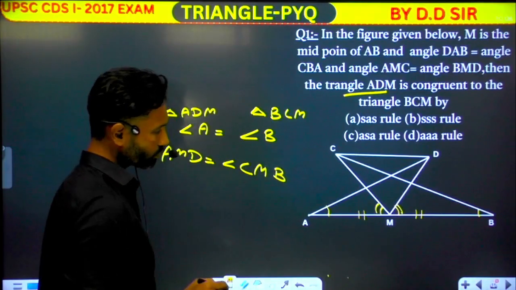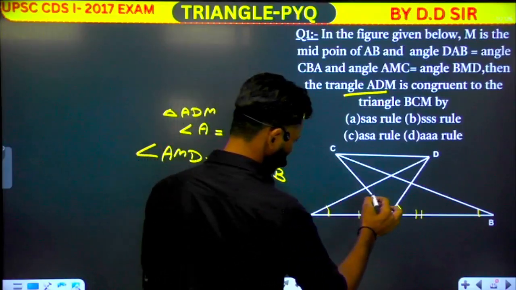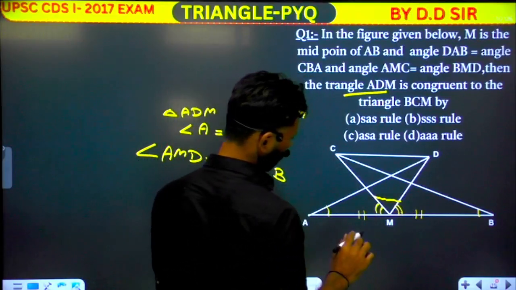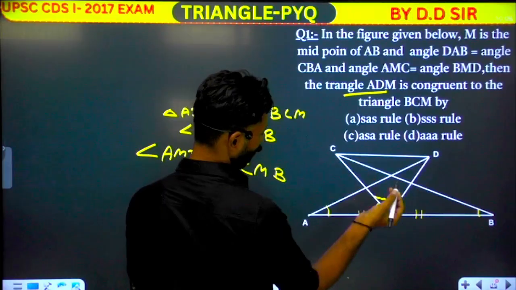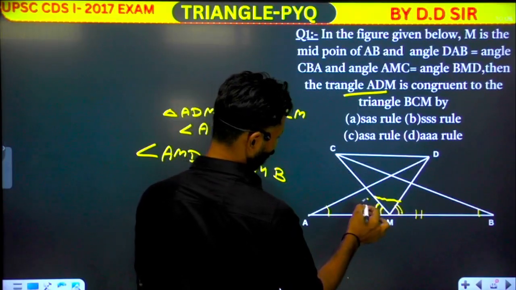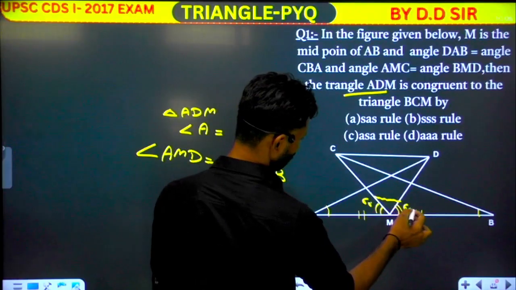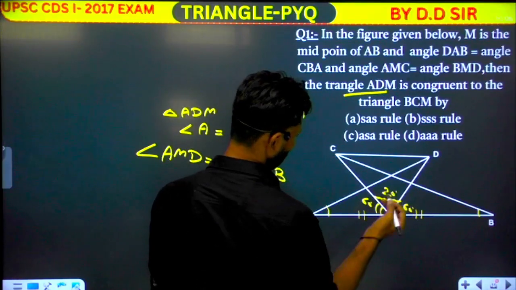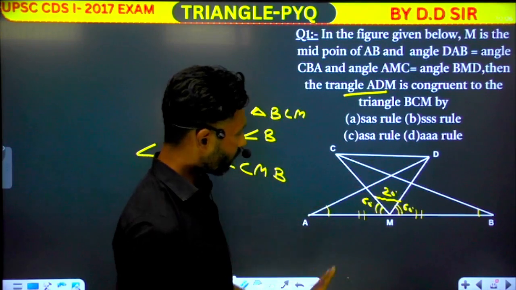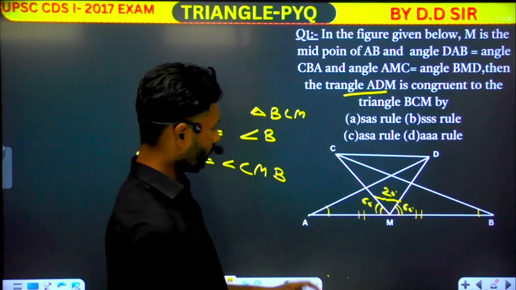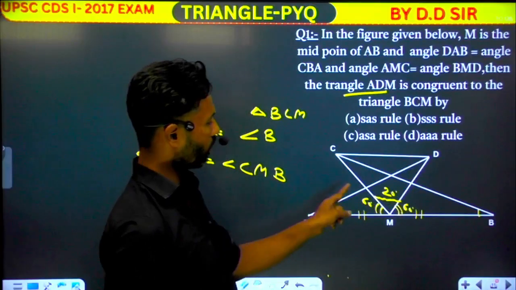Yes or no? Because this particular angle will be common for both. For example, if we take it equal to 60 degrees, so it will be equal to 60 degrees. If I say it is 20, then angle AMB will be equal to 80, and angle CMB will also be equal to 80.